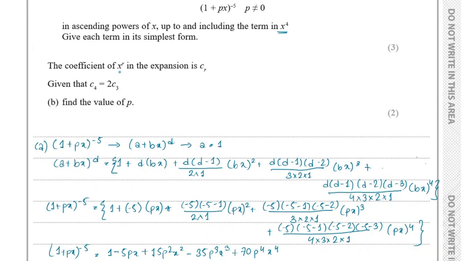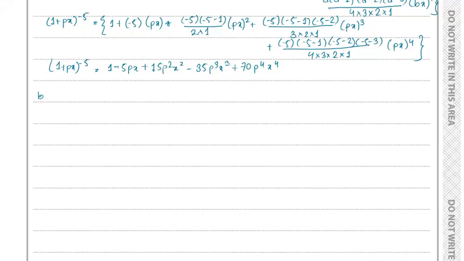For part B, the coefficient of x^r in the expansion is C_r. Given that C4 is equal to 2C3, if x^r has a coefficient of C_r, then C4 will be the coefficient of x^4, right?